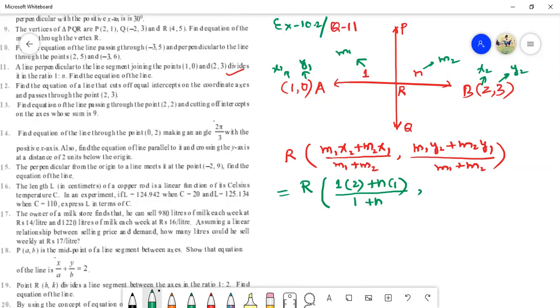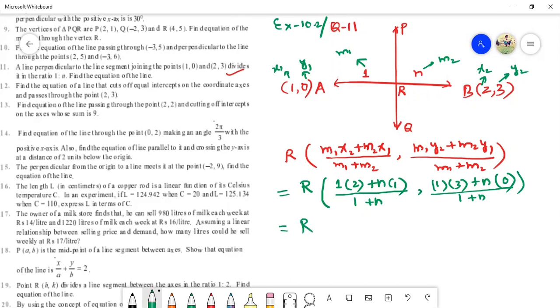And m1 again 1, y2 is 3, plus m2 is n, and y1 is 0, divided by 1 plus n.